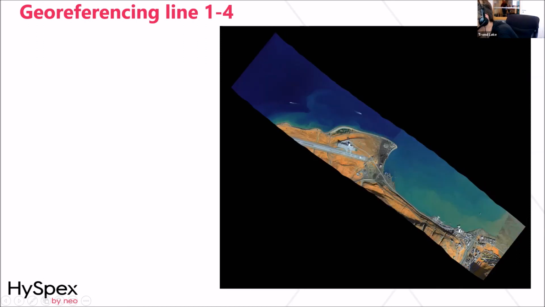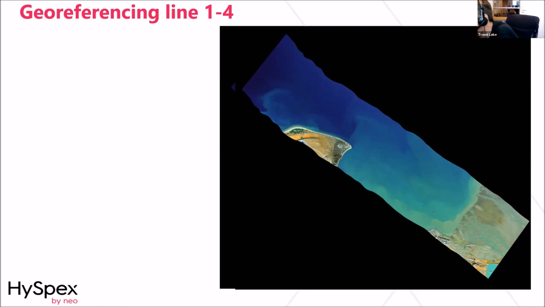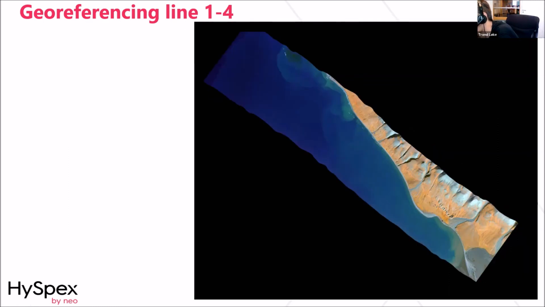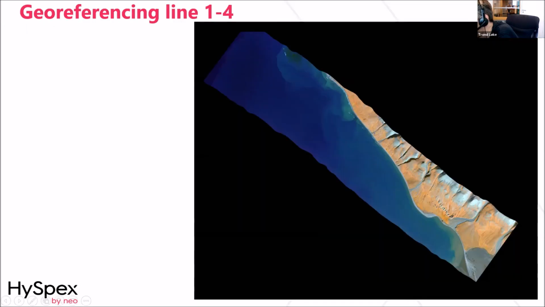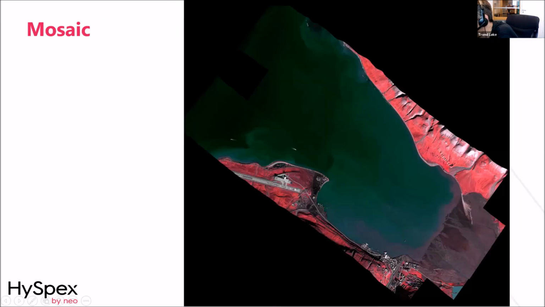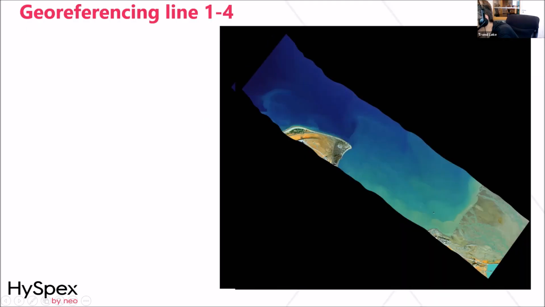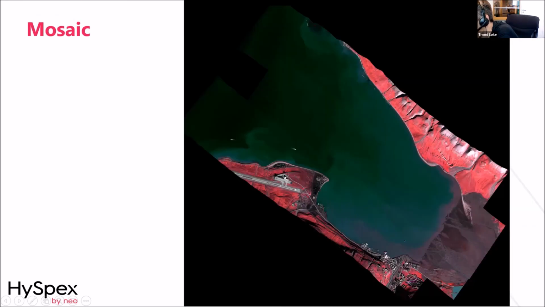This is line 1, line 2, line 3, line 4, with the Boresight offsets that we generated earlier, and then the final mosaic. I have played around on the final mosaic with the false color bands used. That's why it looks different relative to the others. These 4 are automatically generated, while this one I generated in Envy.